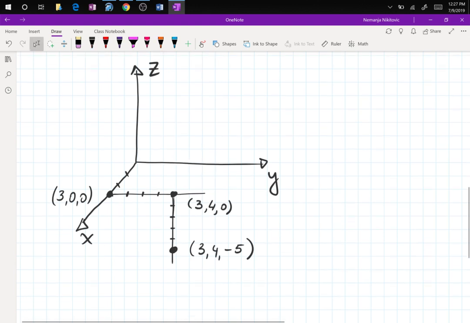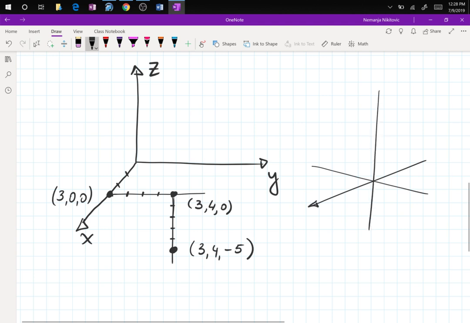Now you can erase everything else, but it's kind of cool to know which way you got it, so just leave it there. So you count positive or negative x, then you draw a line parallel to y, and you go from there. Now, can we do this in isometric view? Of course.